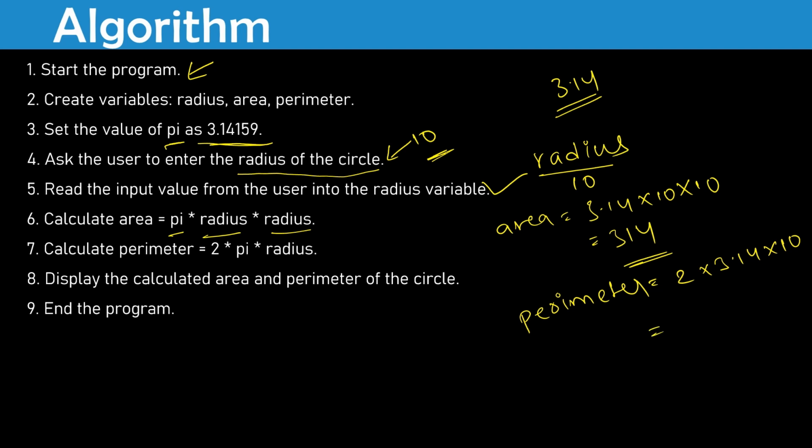So 6.28 into 10, 62.8. Okay, fine. Now we need to display the area value and perimeter value, and after that, end of the program. That's it. We completed the question.